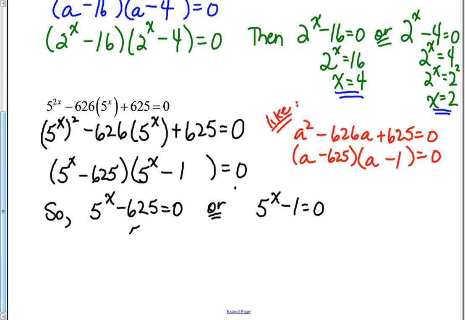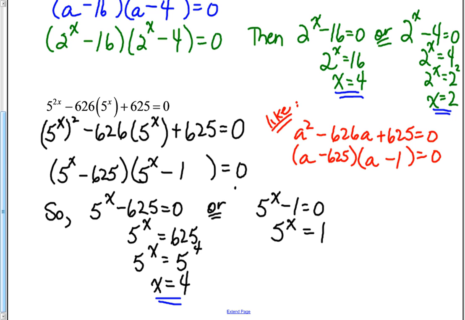I am going to add 625 to both sides. It just happens to be that 625 is 5 to the power of 4. 25 times 25, I'm just checking my numbers. So x is 4 is one of our answers. The other possible answer, I'm going to add 1 to both sides. 5 to the what is 1, 0. So x equals 0 is another solution to our problem.